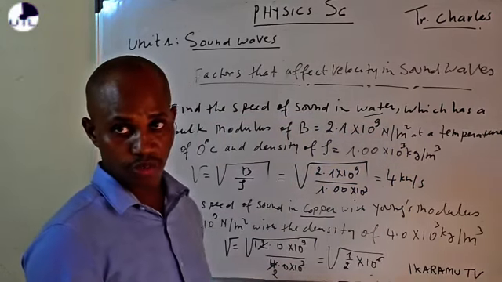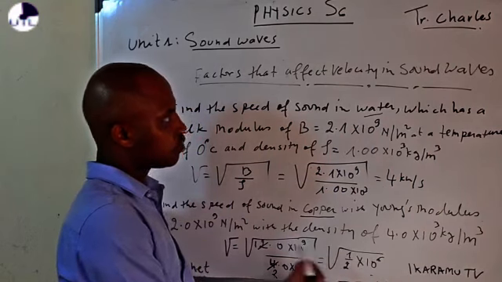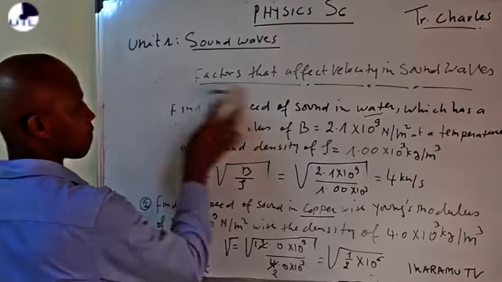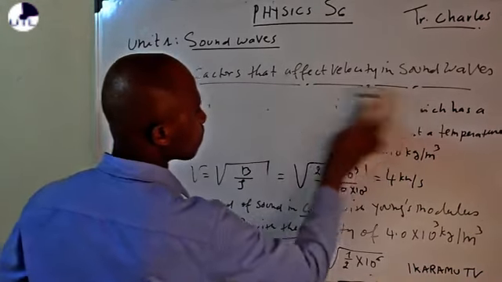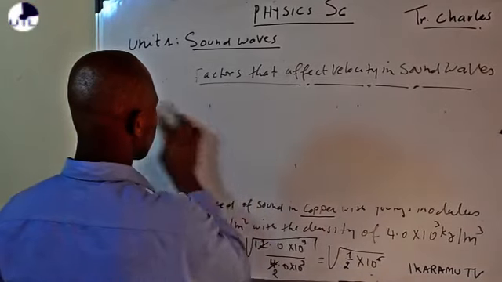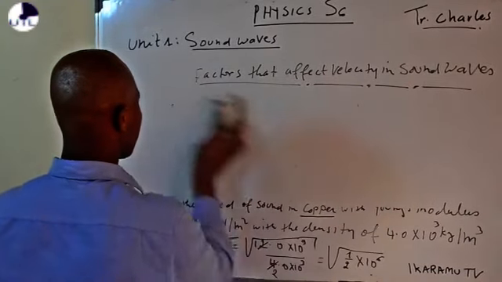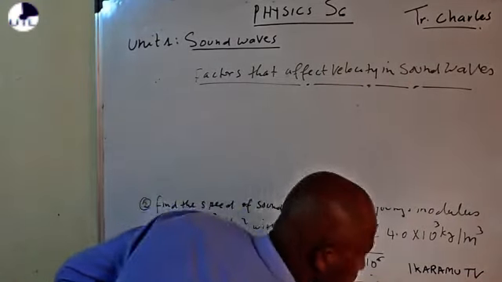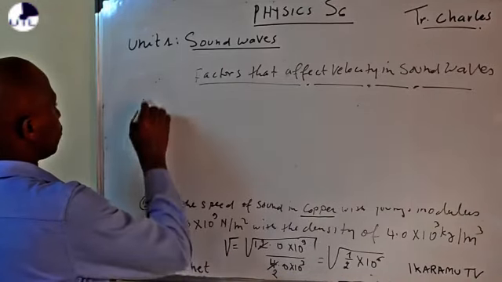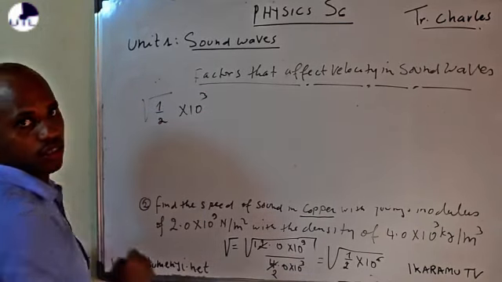Still using the property of powers here, 10 to the power 6, when you remove the square root, this will be equal to the square root of 1 over 2, then times 10 to the power 3.